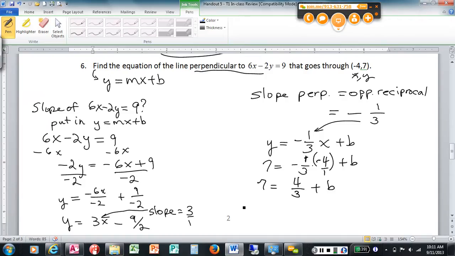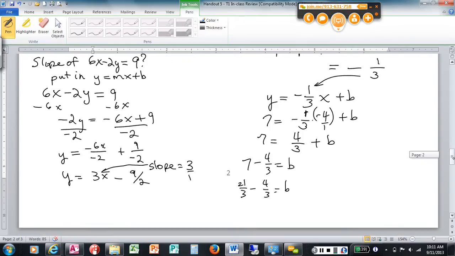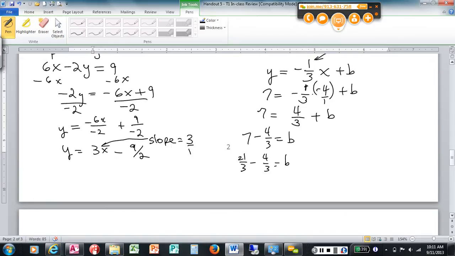And so subtract the 4/3. B is going to be 7 minus 4/3, which is 21/3 minus 4/3. One way we could calculate that is to get a common denominator. 17/3 is b. So y equals negative 1/3 x, that's my m, plus b, b is 17/3.